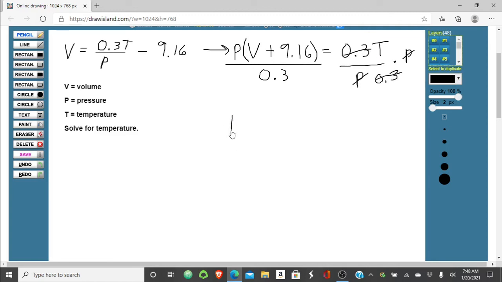So I'm left with T equals P times V plus 9.16, all over 0.3.